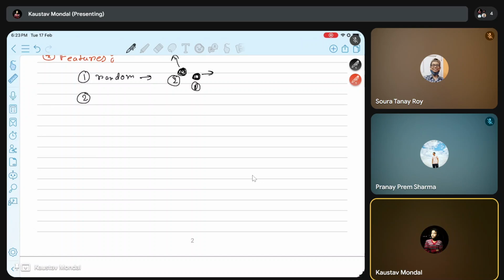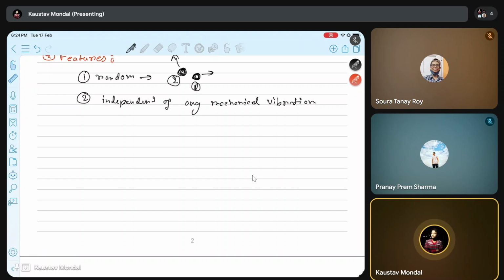Second, the motion is independent of any mechanical vibration. These are spontaneous motions.